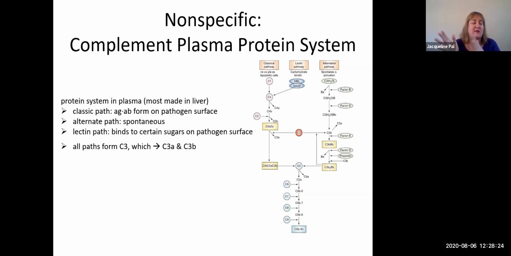So I want to mention that there's actually 3 ways to activate complement. The classic one is if we have antibodies which are binding to antigen. Just the fact of that will come back and activate this. Another way to activate it is spontaneously, okay?